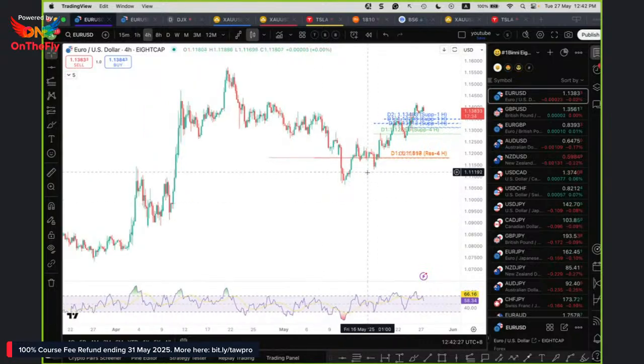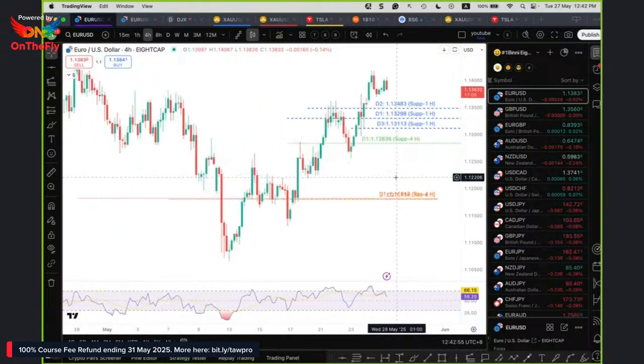Two weeks ago, on the 17th, we had a long signal on euro around this downward movement, and the system at the time closed above this resistance here. Our long signal was somewhere around here, and right now it's heading higher.